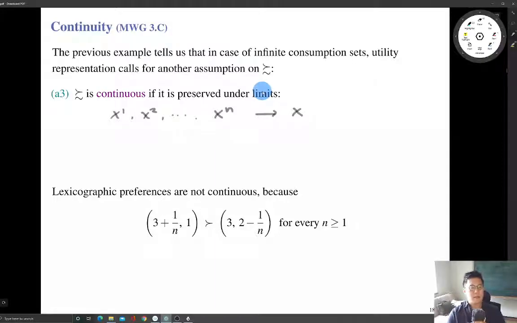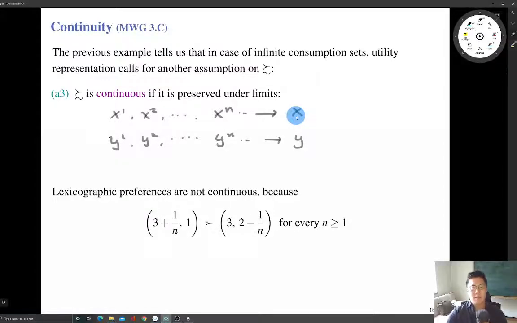So there is some sequence of bundles: x1 is a bundle, x2 is another bundle, and so on. This sequence is approaching bundle x. And there is another sequence y1, y2, yn, that approaches bundle y.